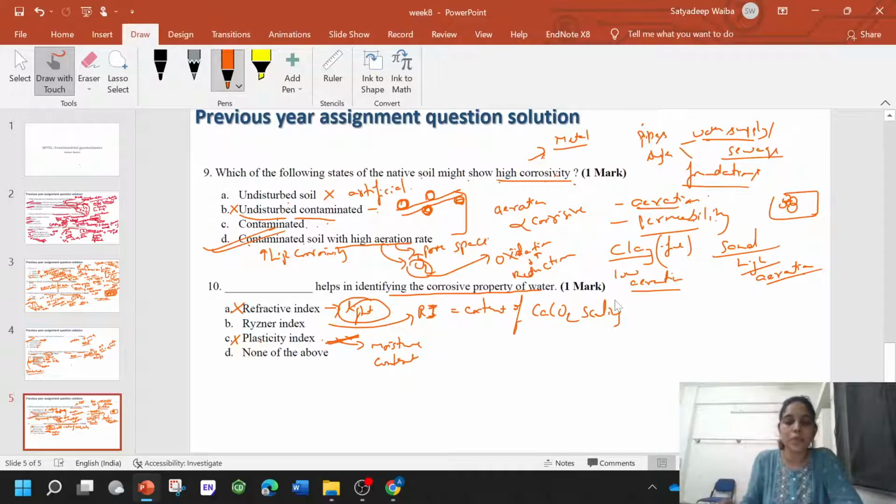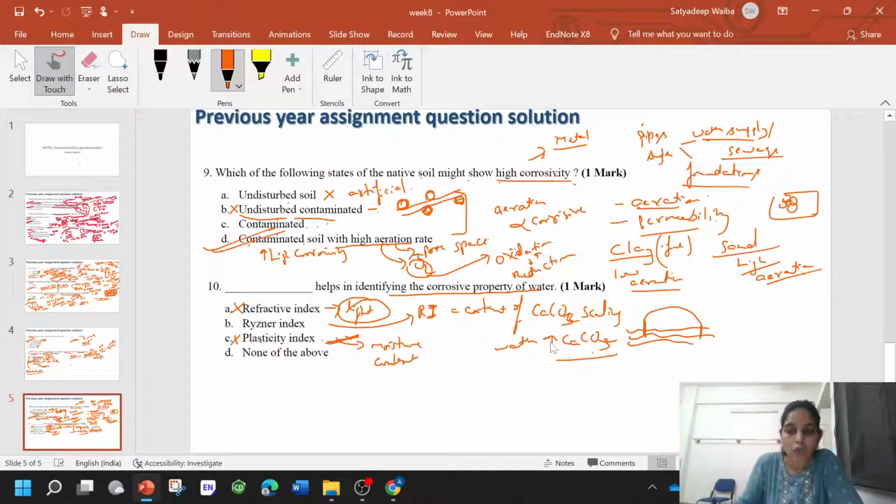The whole concept is that if water has high CaCO3, a simple example is a dam in water with high CaCO3 content. In that case, CaCO3 scales on the dam. This is a dam, this is its foundation, and here there is water. How much CaCO3 gets deposited on these pillars or foundation determines the corrosive property of water, which we measure with the Reisner index.